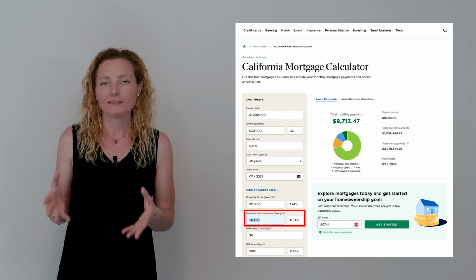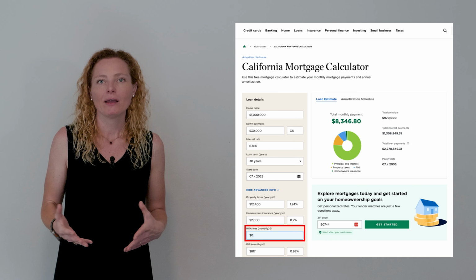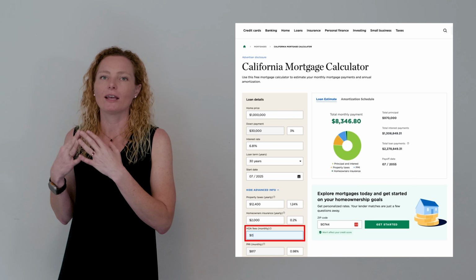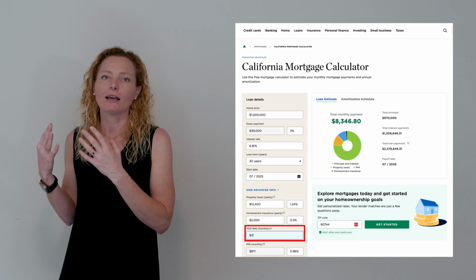HOA dues. HOA stands for Homeowners Association. And I'll do a separate video on this topic because it goes pretty deep. But for right now, what you need to know is that an HOA is very common where there are shared amenities. For example, if you live in a condo or a high-rise where there's a community pool or a community gym, or if it's a gated community with security, there's probably going to be an HOA to pay for all of those shared amenities.